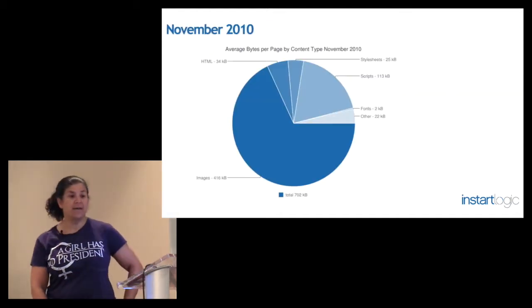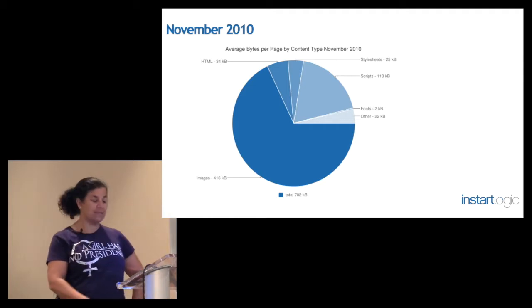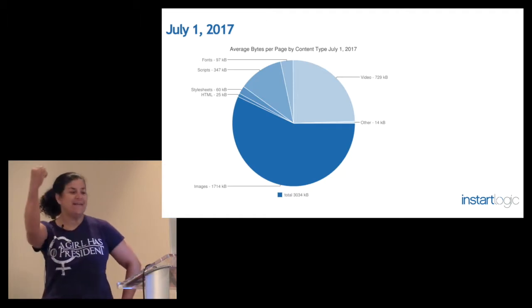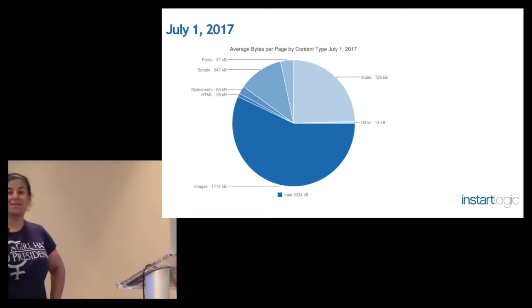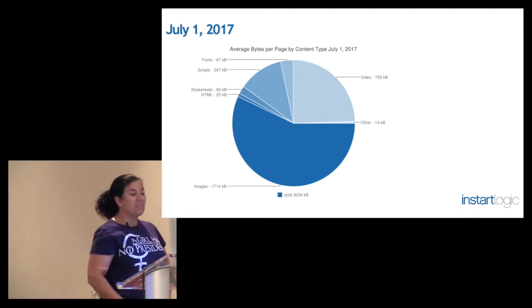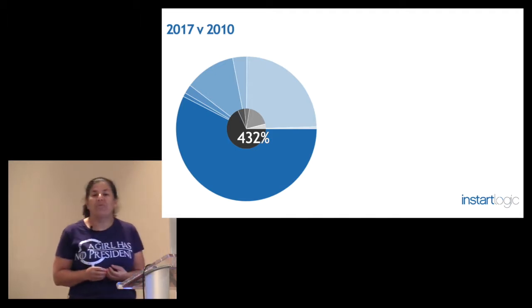This is 2010, and the total average website was 702 kilobytes. And I want to congratulate all the developers in this room, because we did it. Yes! We just went over 3 megs. That's not something to be proud of. So our sites are 432% bigger.